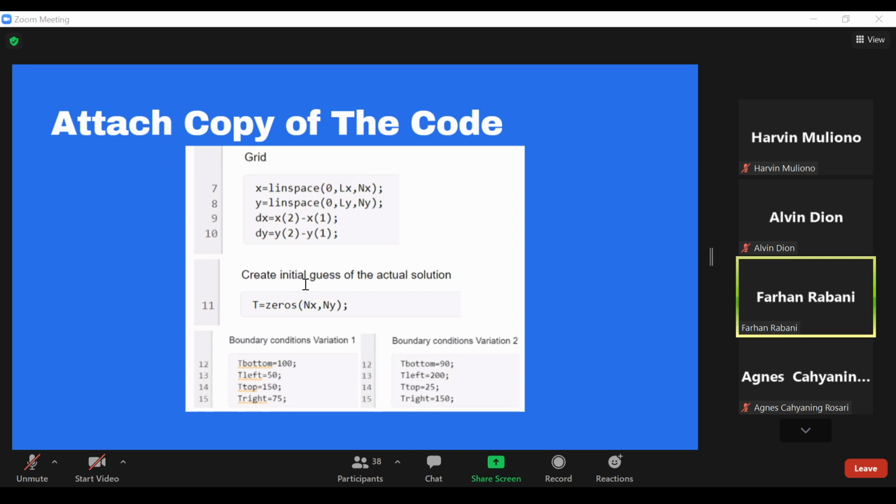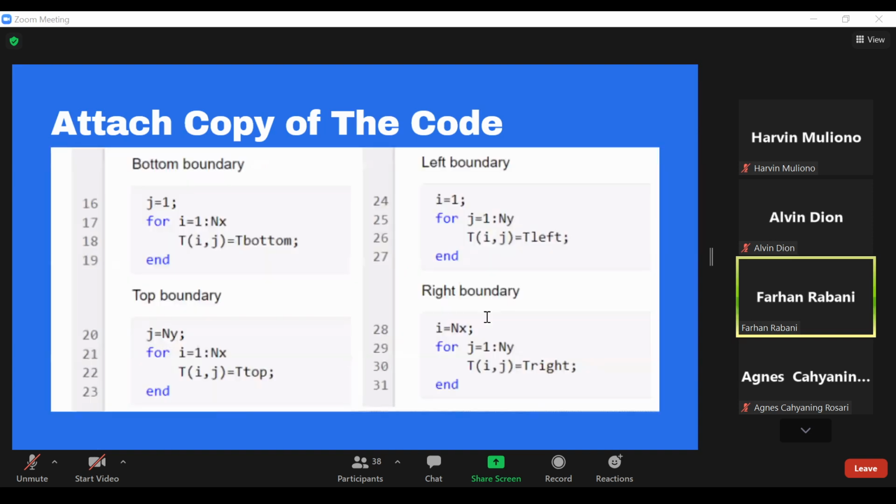In the next section, we input our boundary condition initial values from variation 1 and variation B, depending on the value input. Next, we input our boundary conditions for all of the exterior of the matrix. We start with the bottom boundary, j equals 1, from the bottom of the matrix.